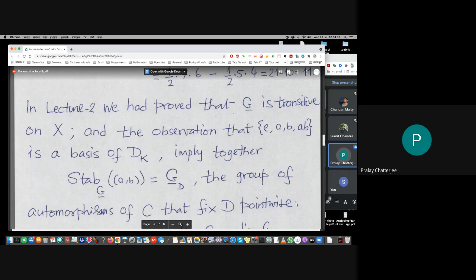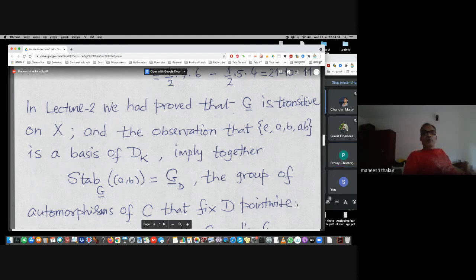So if you have two composition algebras C1, N1 and C2, N2, and suppose N1 and N2 are similar quadratic forms, that means there is an invertible linear map from C1 to C2 which preserves these forms up to a scalar factor.